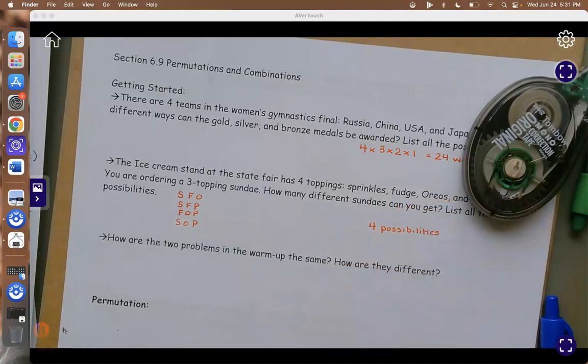How are the 2 problems in the warm-up the same? And how are they different?